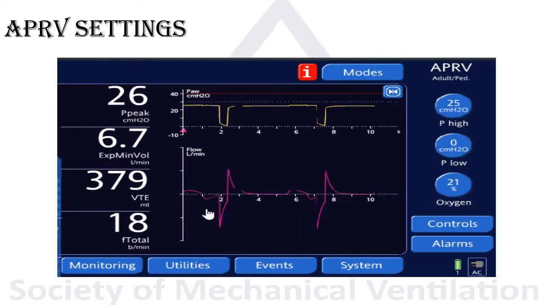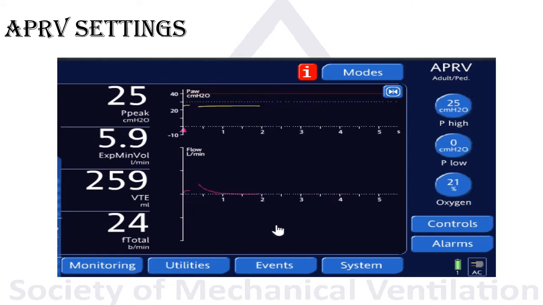So as you can see the difference here, this is a spontaneous inspiratory and expiratory flow. You can see it was like in the sinusoidal shape, and of course different than the mandatory one, which is a decelerating waveform. You can see it here in the flow, and you see it here in the airway pressure.